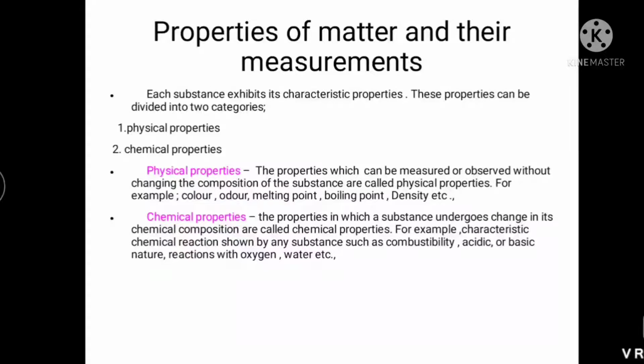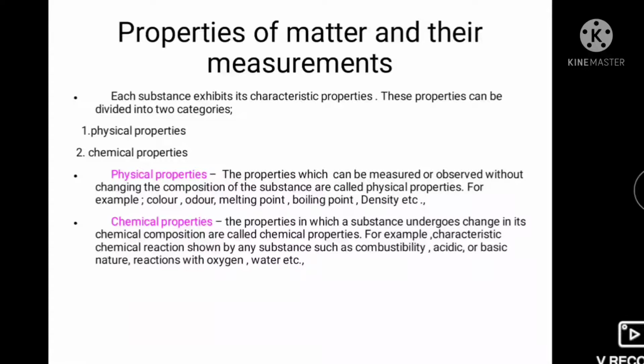When water freezes, is there any change in its composition? No change in its composition. Only its physical state changes. It is an example of a physical property. So, what is a physical property? A property which can be measured or observed without changing the composition of the substance.